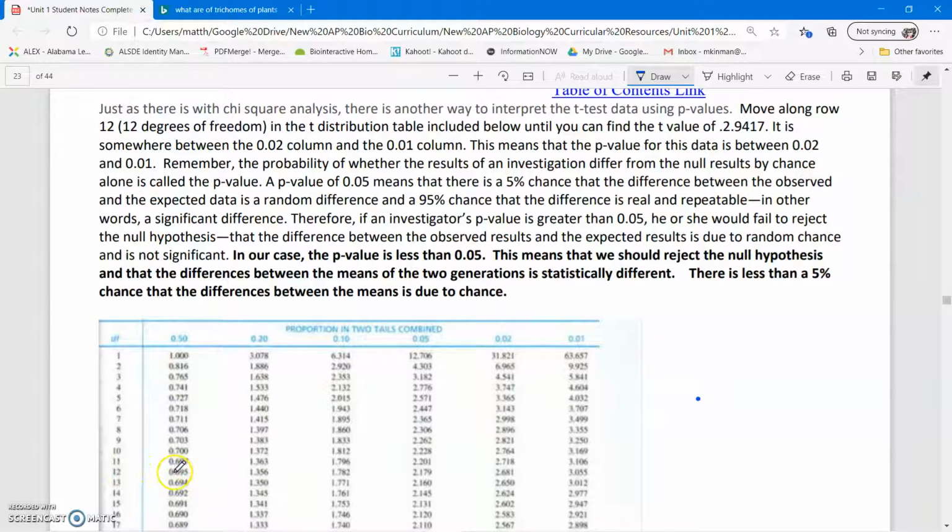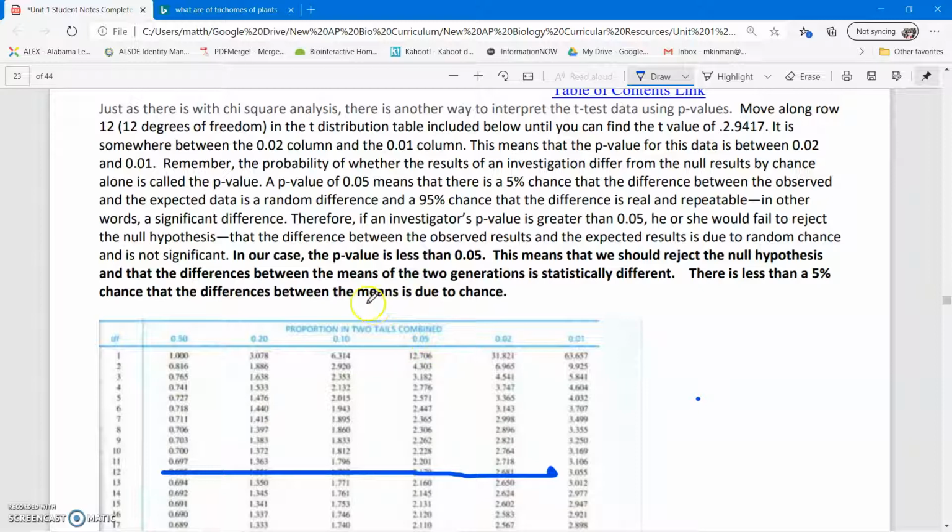So we're trying to find that calculated t-value. So not here. I'm going to draw lines so that I remember. Not here. Not here. Keep going. So 2.6. And then we stop right in around here. So this is where our number would lie, which is between 0.02 and 0.01. So since our number lies there, it is less than 0.05.